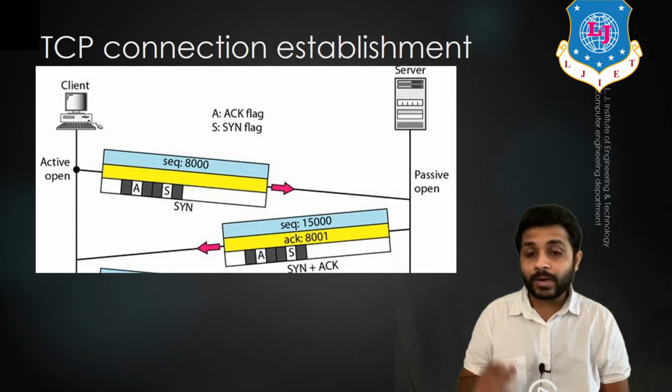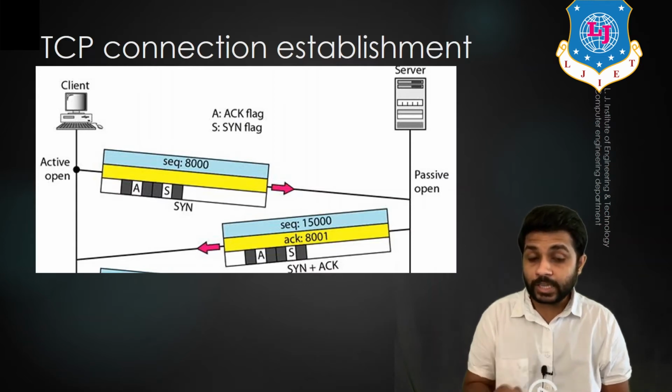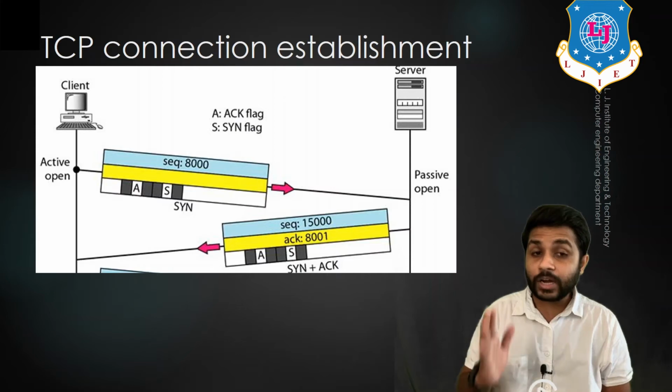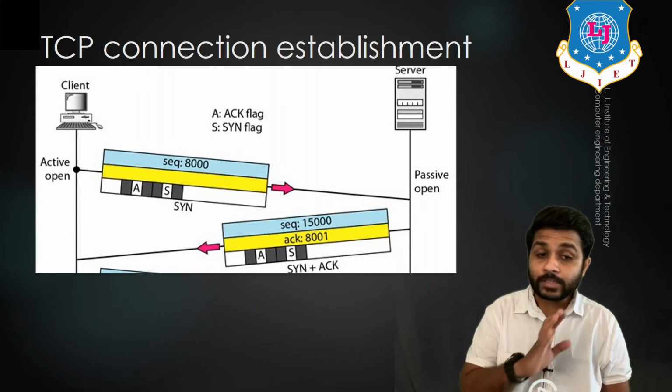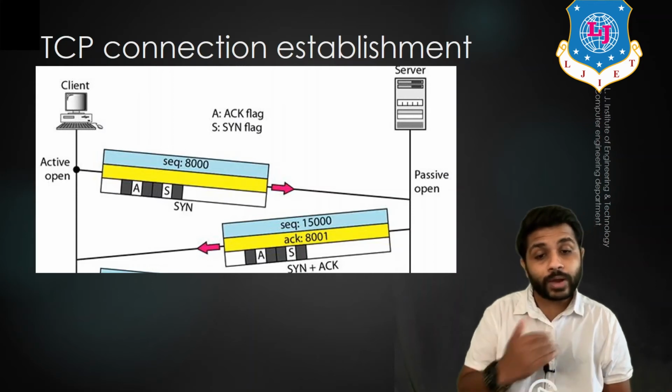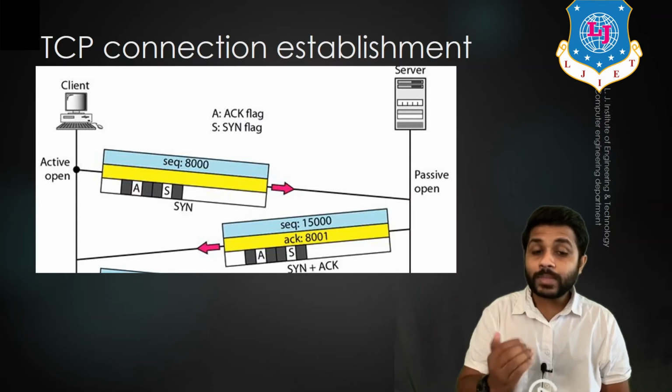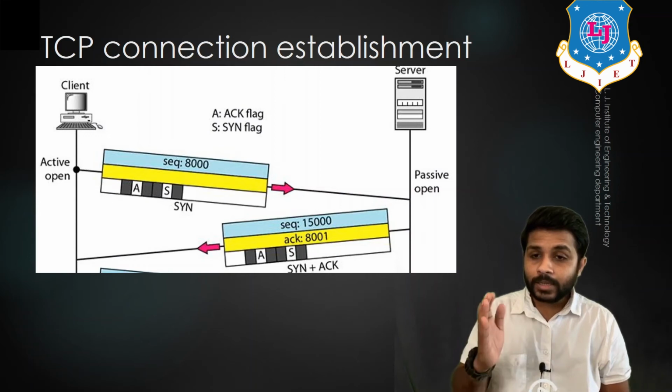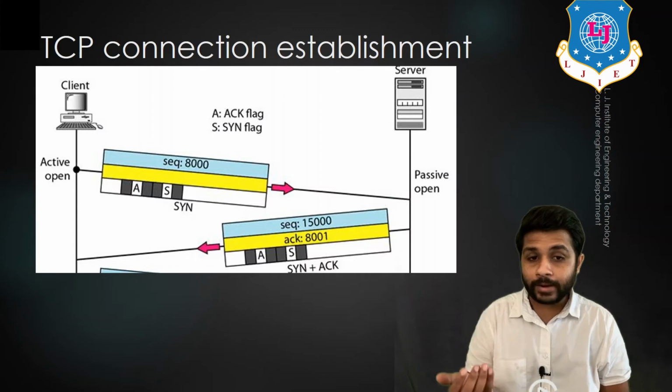And always remember, the TCP connection establishment is a three-way handshake. It means not only is the client creating the connection with the server, but the server is also trying to connect with the client. So right now, when the server sends the SYN plus ACK flags, from the acknowledgement the client will understand that the server has received the packet just sent by the client.